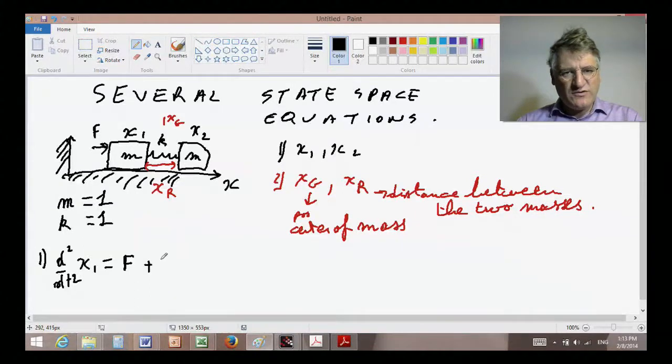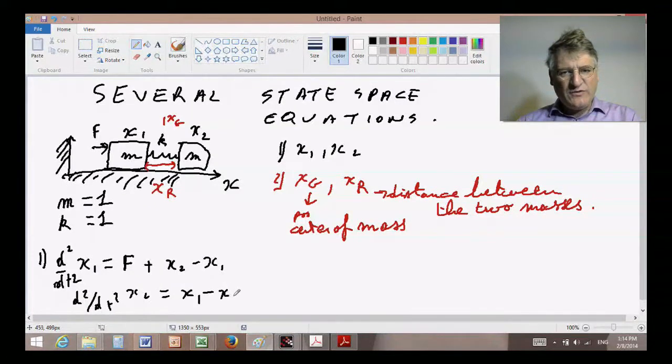Since all values are equal to 1, I will just write plus x2 minus x1. And likewise, d squared dt squared of x2 is equal to x1 minus x2.